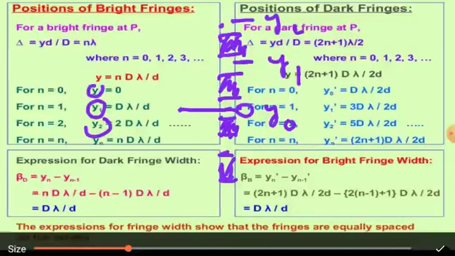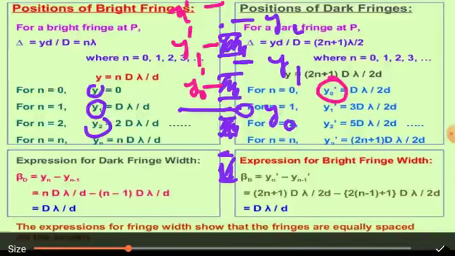And for the dark ones, this is y0 prime, and this will be y1 prime, and so on, y2 prime, like that.